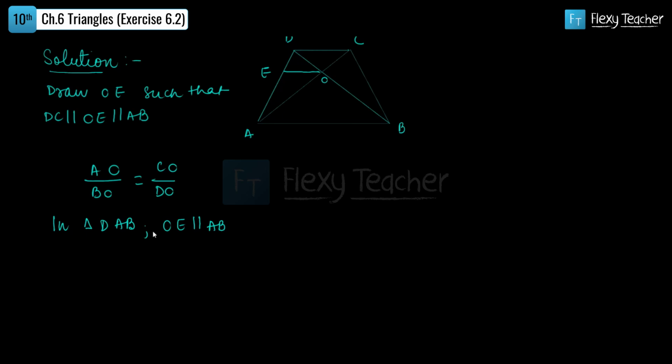Okay, now coming back to triangle DAB where OE is parallel to AB, we can say that DE upon EA is equal to DO upon OB.